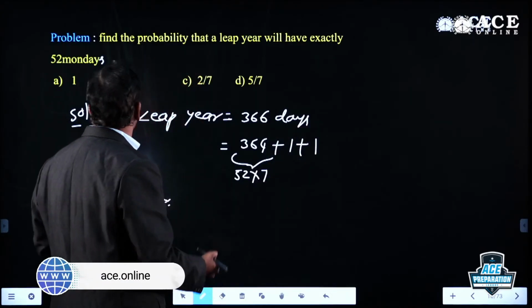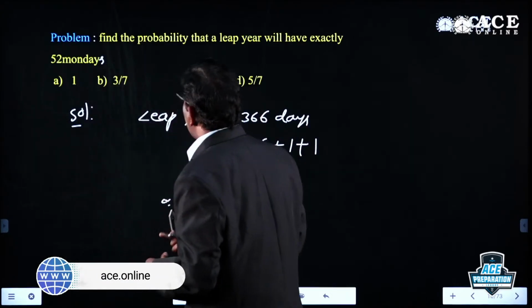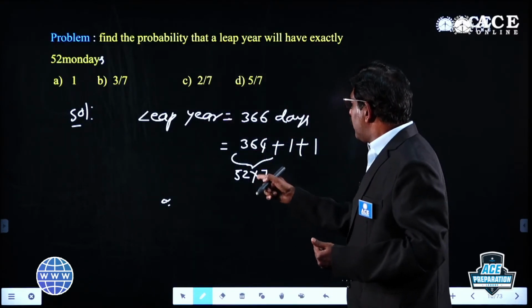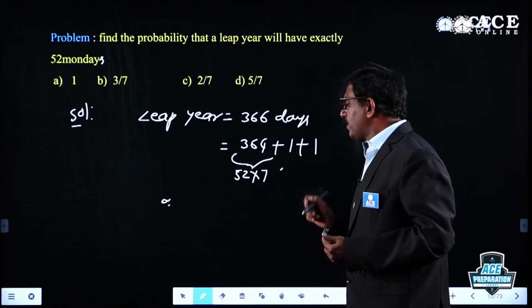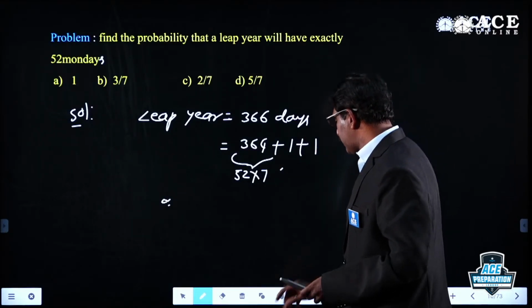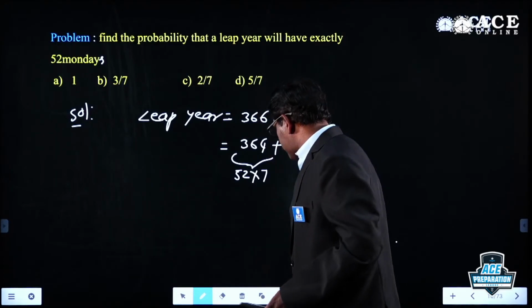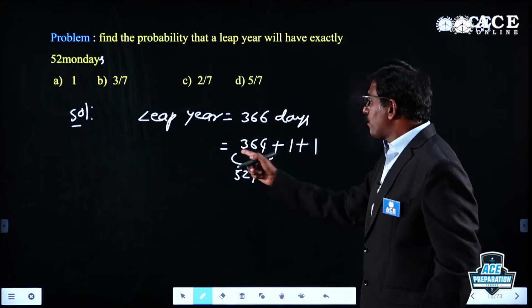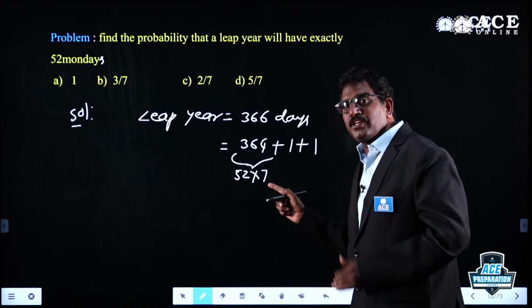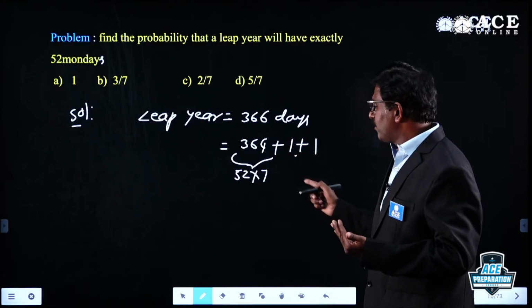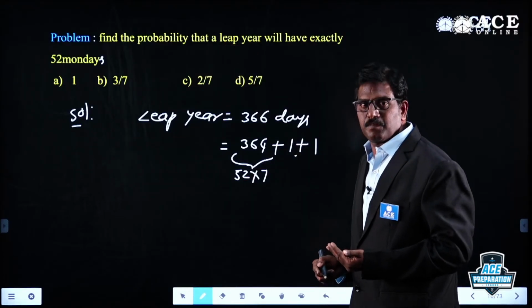What is our question? A leap year will have 52 Mondays. Exactly 52 Mondays means there should be no possibility of a 53rd Monday. Why is there a possibility of a 53rd Monday? Suppose the 364th day ends with Sunday, then the 365th day is a Monday. So in that case 53 Mondays are possible.